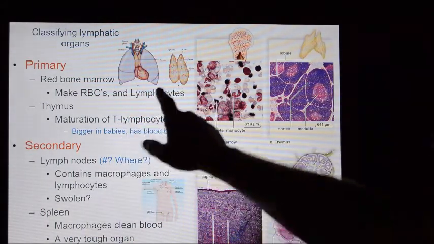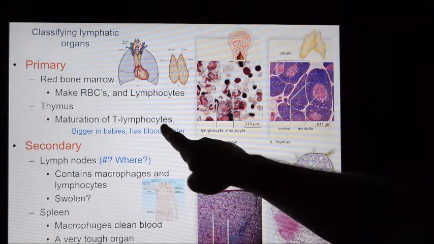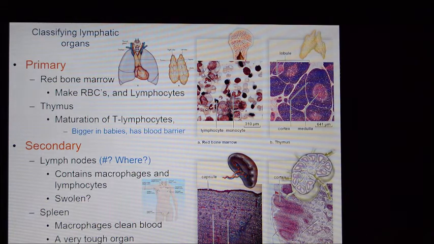And then the thymus gland. Now the thymus gland in you is probably pretty small, but in a newborn baby it's massive. The thymus gland is a special barracks, if you will, for T lymphocytes. So when the T lymphocytes are made in the bone marrow, they leave from there and they go immediately to the thymus gland to mature. And the thymus gland houses them and tests them so they can't escape and lead to damage in the body.